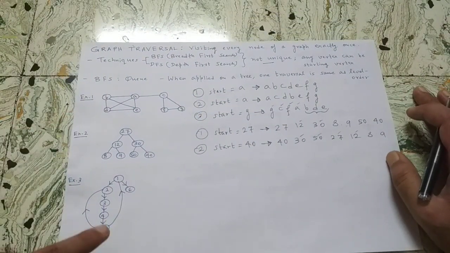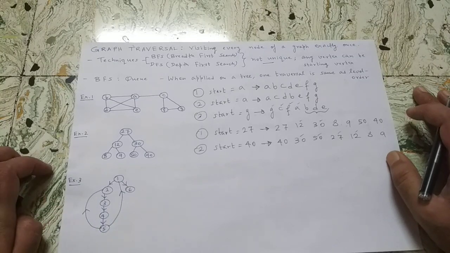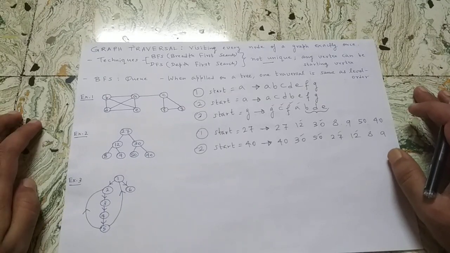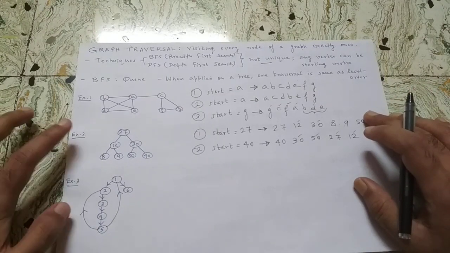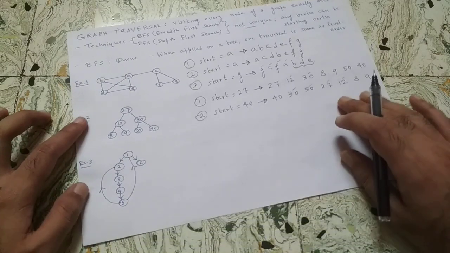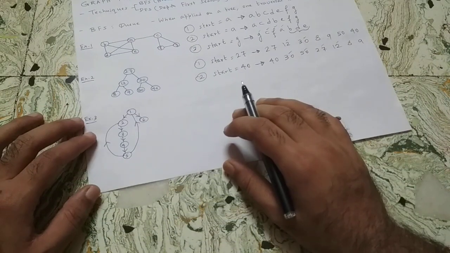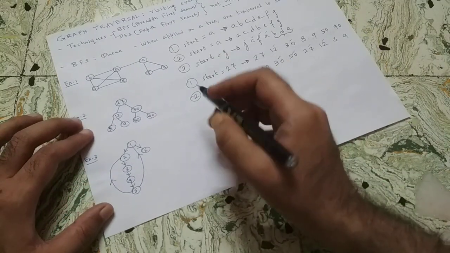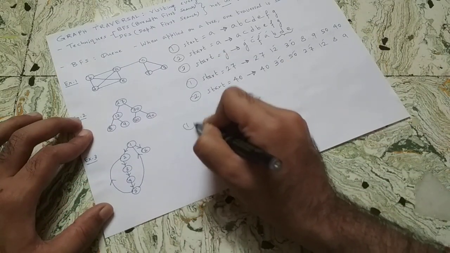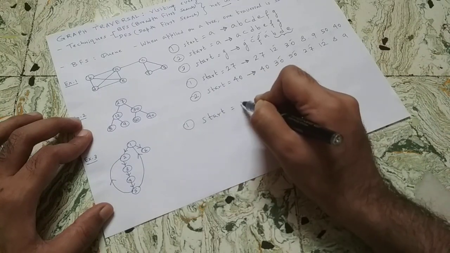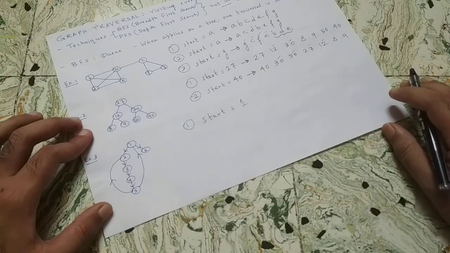Now let's look at example 3 where we have a directed graph. Remember, your graph traversal techniques BFS and DFS can be applied on both directed as well as undirected graphs. So let's apply the BFS on this graph. Okay, again it all depends on the vertex you're starting with. So let my starting vertex be 1.